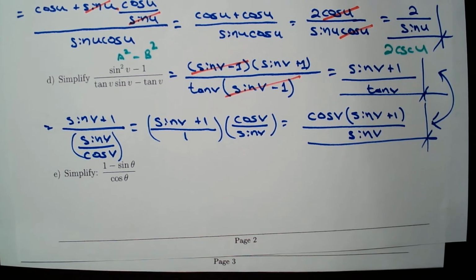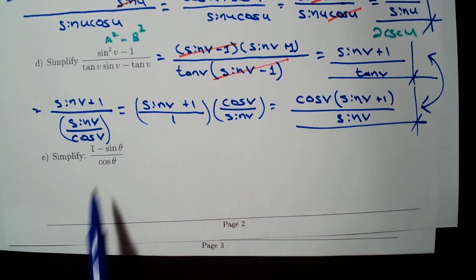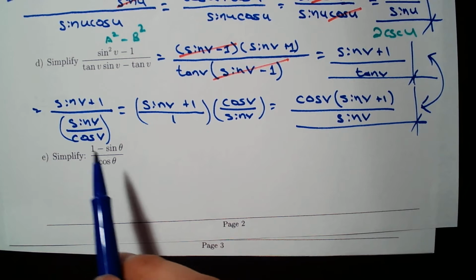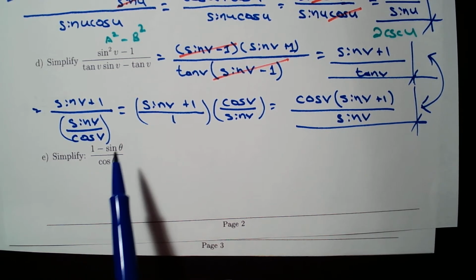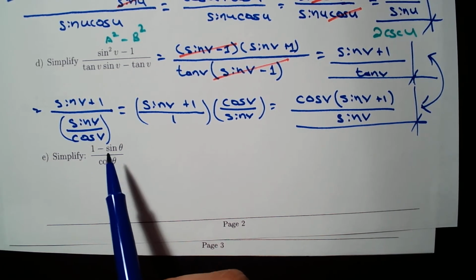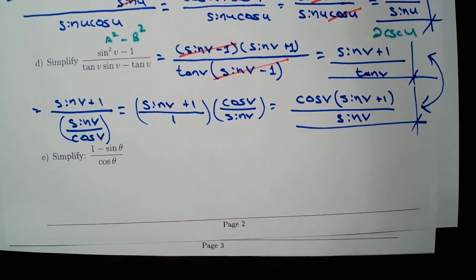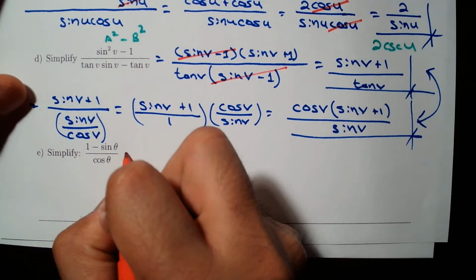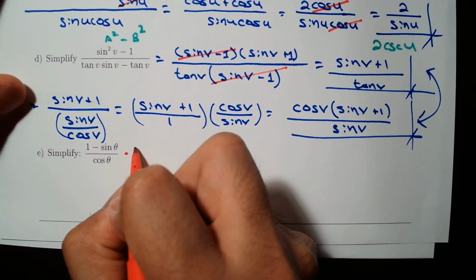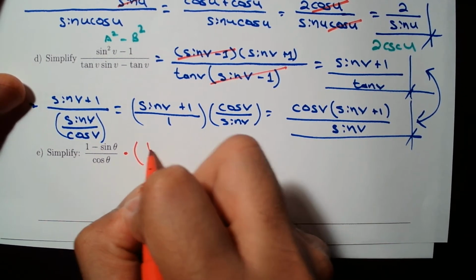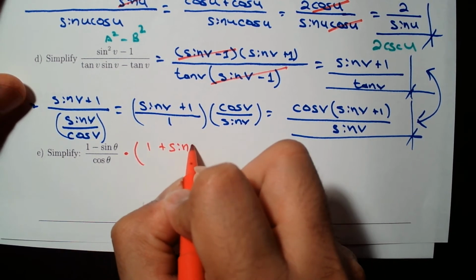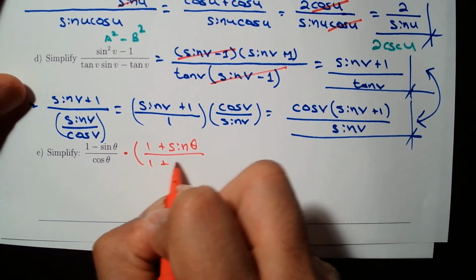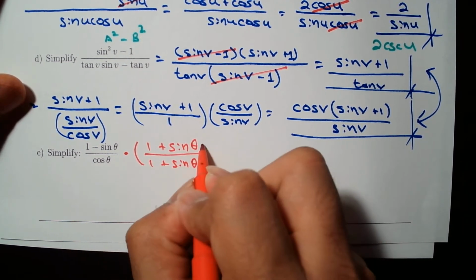Let's do one more simplification problem here. In this case, I'm going to do the trigonometric conjugate, multiplying by the conjugate of the numerator, so 1 plus sine theta over 1 plus sine theta.